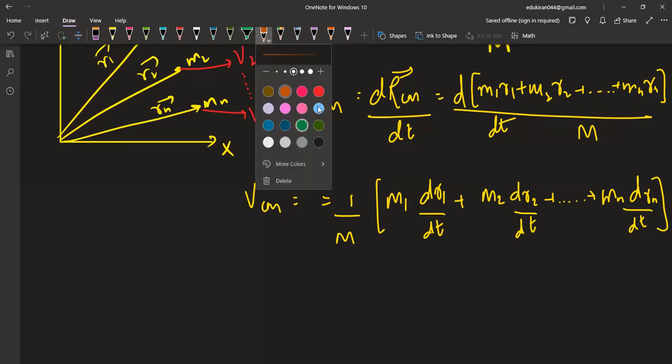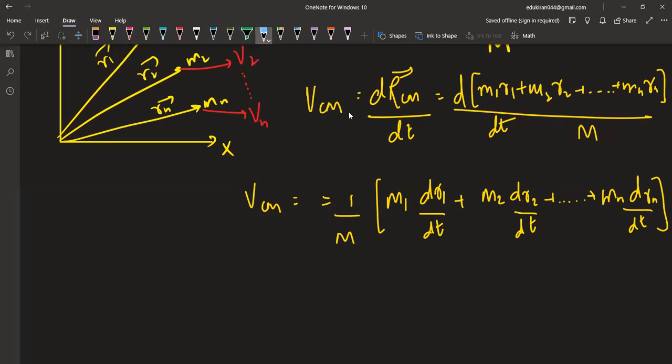Look here: dr1 over dt, dr2 over dt, drn over dt. Can you see? This is basically velocity. Rate of change of displacement, dr over dt, this is v1, this is v2, this is vn.